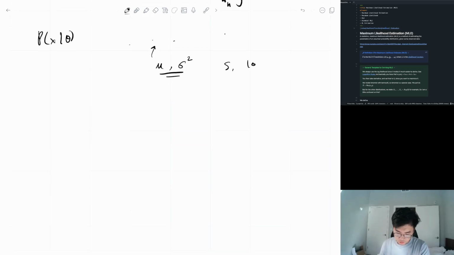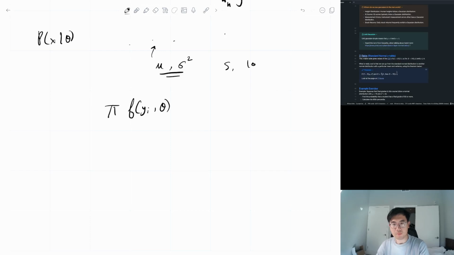The definition is just the product of seeing your data given theta, where theta is the parameters.